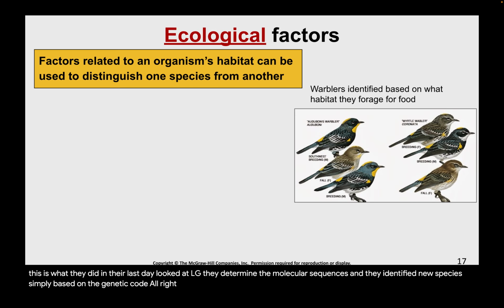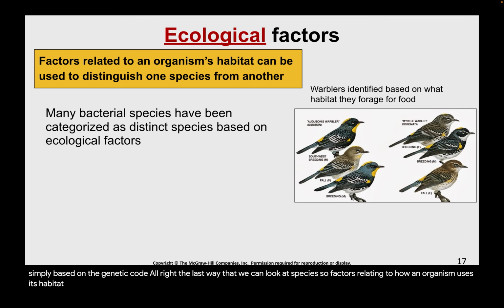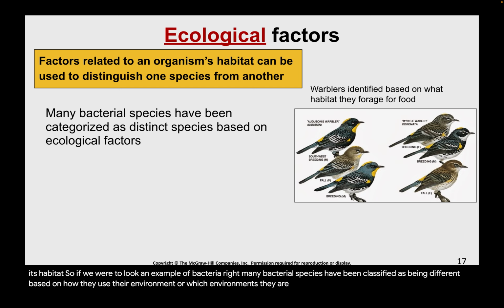All right, the last way that we can look at species is ecological factors. So factors relating to how an organism uses its habitat. All right, so if we were to look at an example of bacteria, many bacterial species have been classified as being different based on how they use their environment, or which environments they are found in.